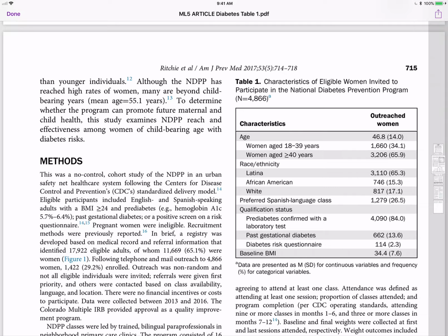Also notice the little superscript A at the end of the title. If you look at the footnote, it says data are presented as capital M and then parentheses SD. That means mean and standard deviation for continuous variables, and frequency, and in parentheses percent, for categorical variables. So it depends what kind of variable it is. The footnote tells you.